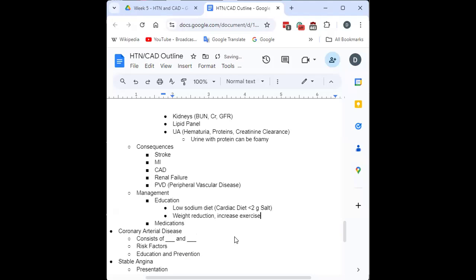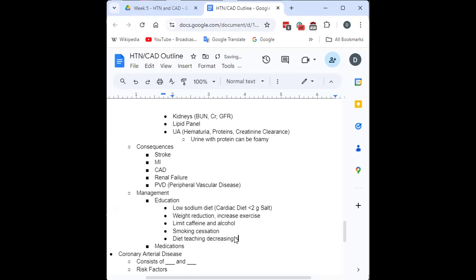Limit caffeine and alcohol. Again, that same diet. Saturated fat, maybe cholesterol, depending on the person. Yeah, stress can be something too.